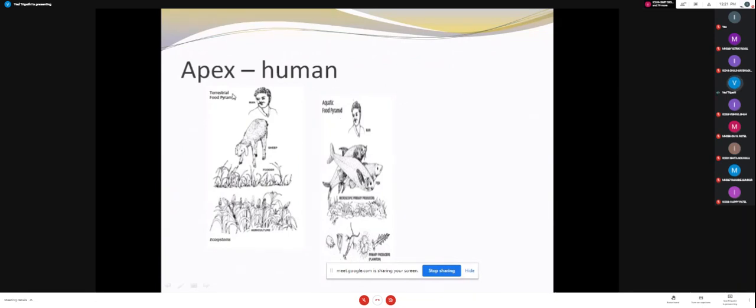In terrestrial ecosystems, we have this kind of pyramid, that is the plants, the fodder for livestock.